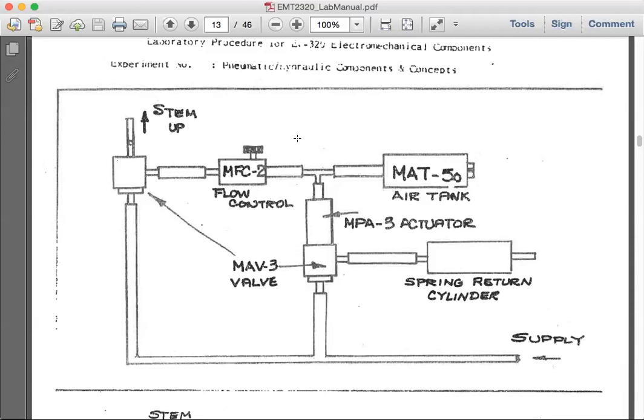Okay, so the difference would be that right now when you press down the stem, you allow the pressure coming in, but because the arrow points to the right, pressurizing of this part of the system is slow. So you have to wait until this tank and the actuator pressurize to the minimum of 20 psi to activate the actuator.